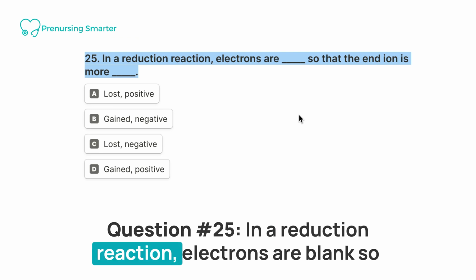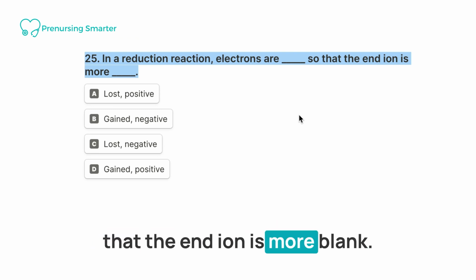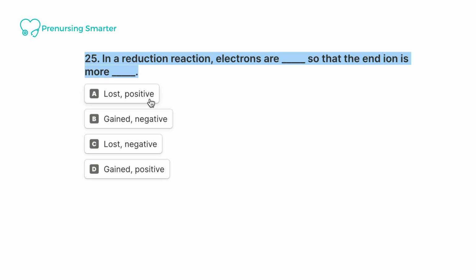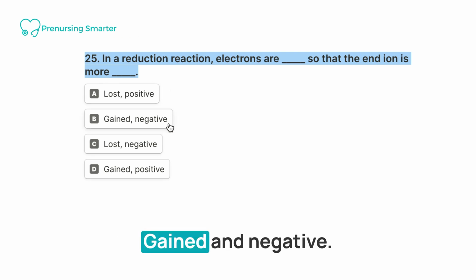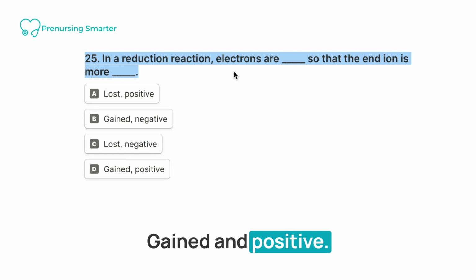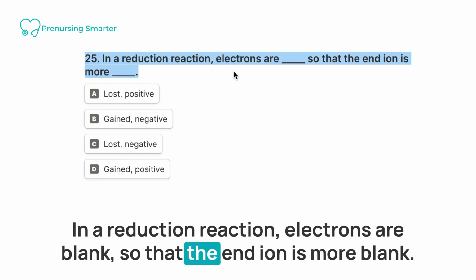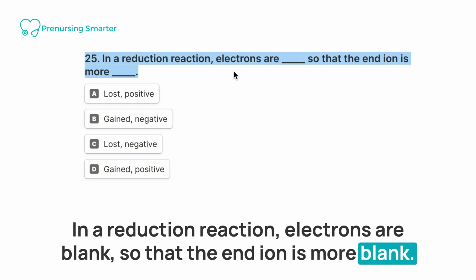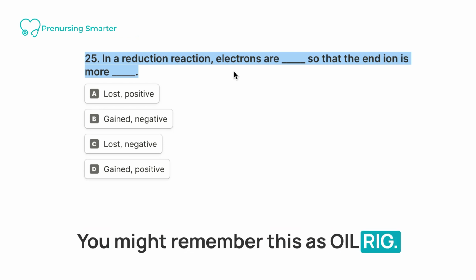Okay, last question here. In a reduction reaction, electrons are blank so that the end ion is more blank. A, lost and positive. B, gained and negative. C, lost and negative. D, gained and positive. You might remember this as OIL RIG.